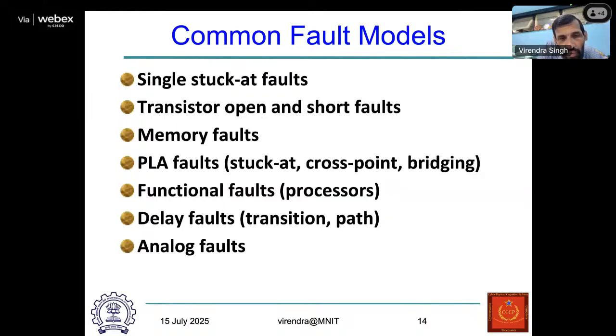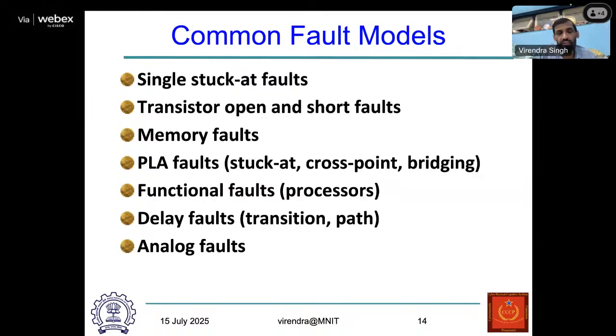So people say that 10% of the circuit is analog circuit. However, we are spending 80-90% of the time in testing that analog circuit, because analog circuit test is pretty much specification based test, or like a verification of a circuit.